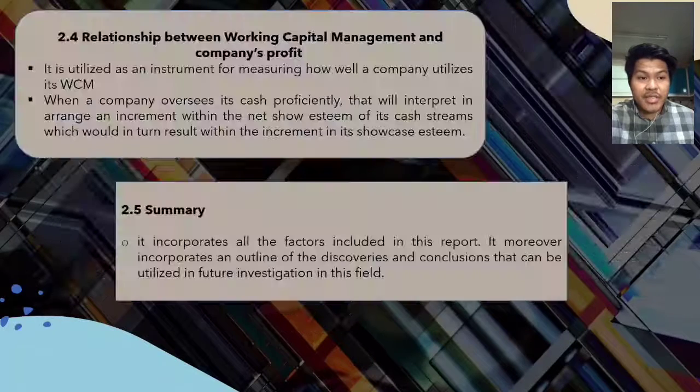It is used as an instrument for measuring how well a company utilizes its working capital management. When a company manages its cash proficiently, that will translate into an increase in the net present value of its cash flow, which will in turn result in an increase in its market value.